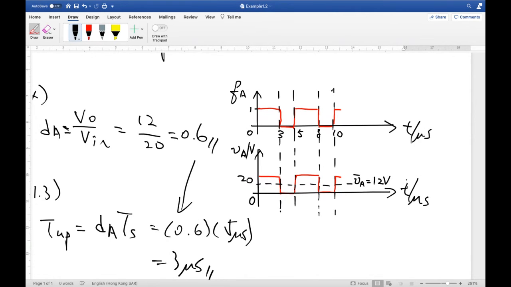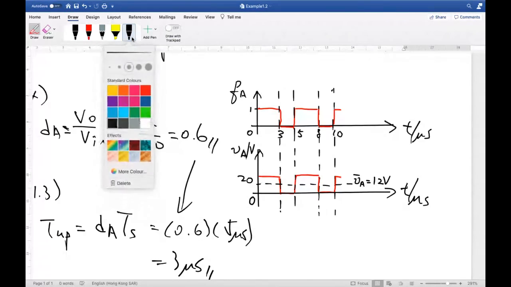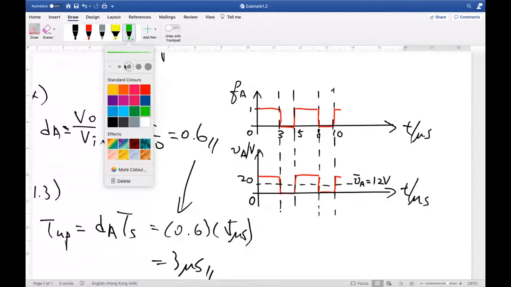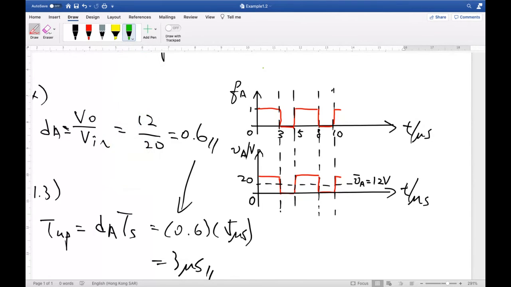And now I'm going to tell you how I grade your waveform. Okay, I may change the color to green.